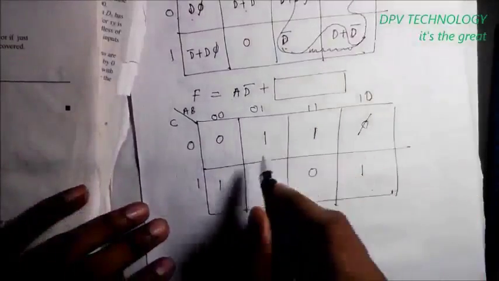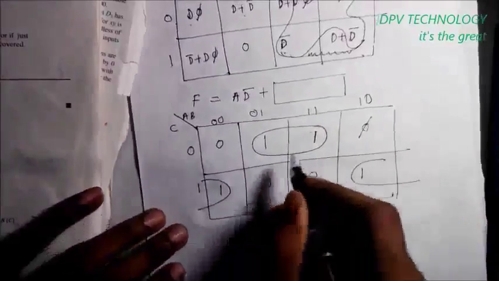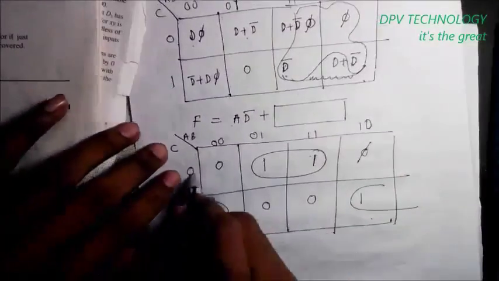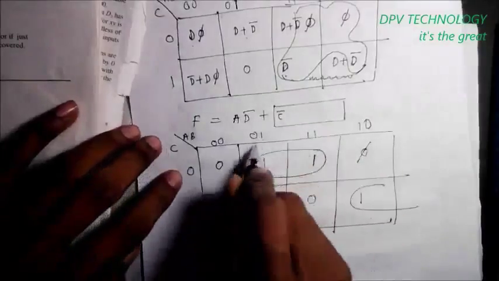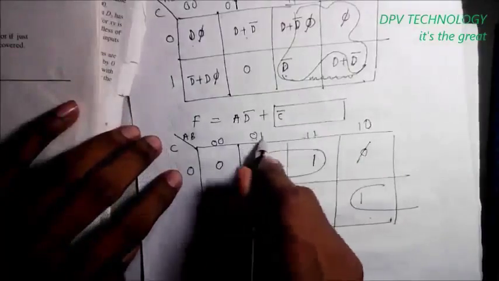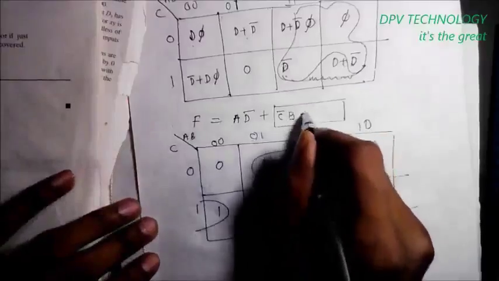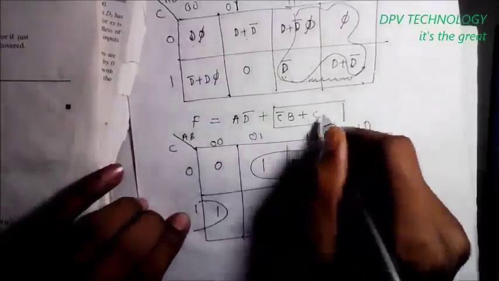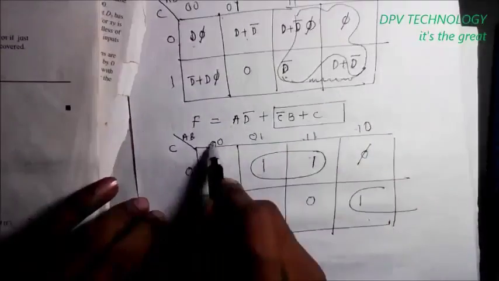Now we have to group these ones as much as we can efficiently. So we can make a group of 1 here and 1 here, and we will get from here what? It will be C bar, it is changing, B is not changing here, C bar B. Or here it is C, it is changing, B bar is not changing.